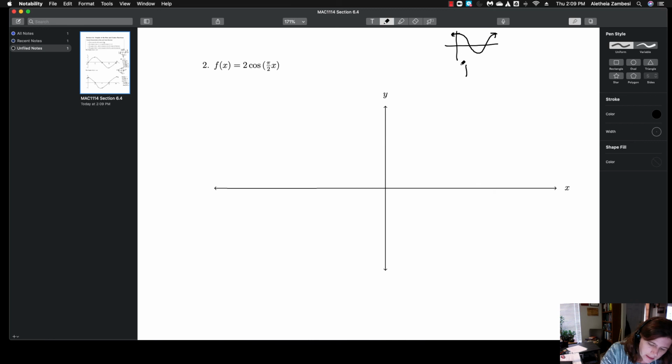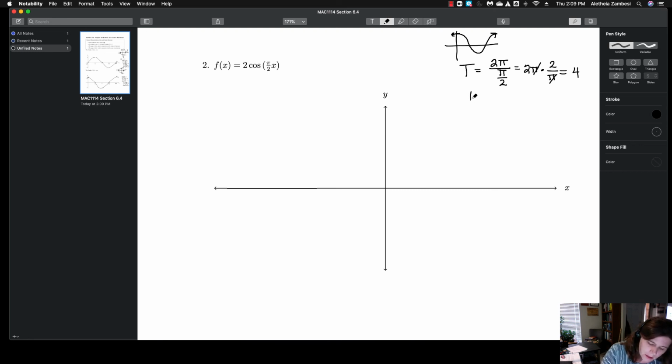Our period here, 2 pi over omega, where our omega is pi over 2. So I'm taking a whole number and dividing by a fraction, so I'm going to flip it over. And we end up canceling the pi, and we get a period of 4.